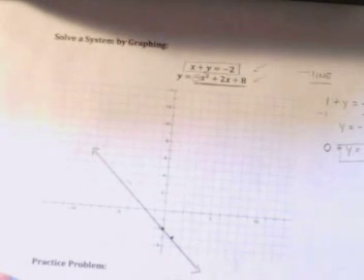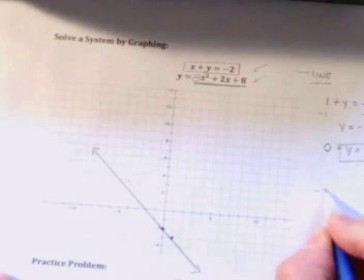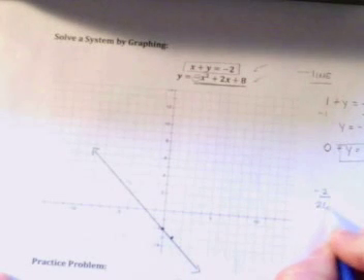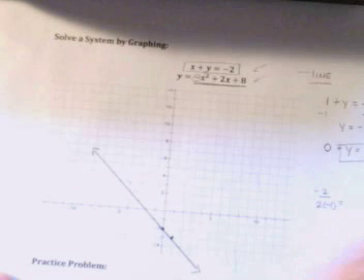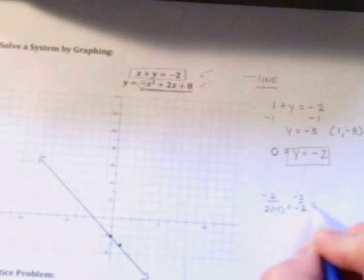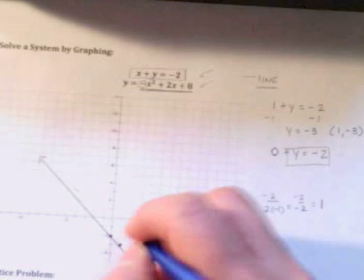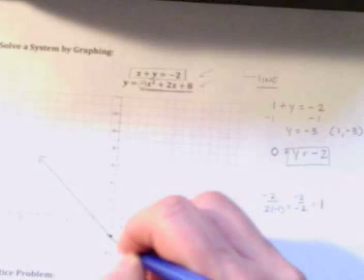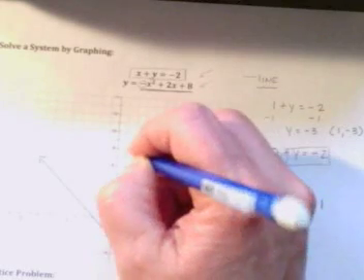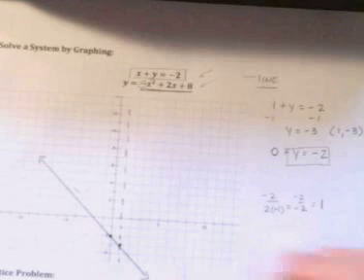So I'm going to find the vertex, and that is at -b over 2a. And so this gives me -2 over -2, which works out to be 1. So I know I have an axis of symmetry right here where x is equal to 1.